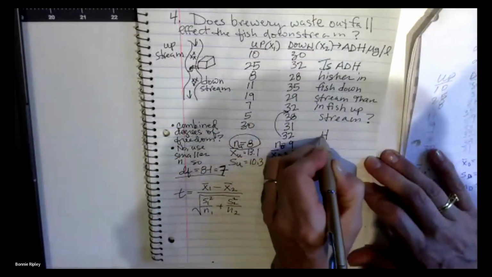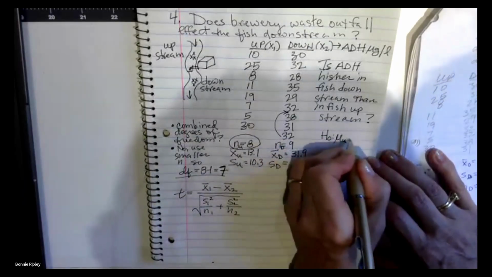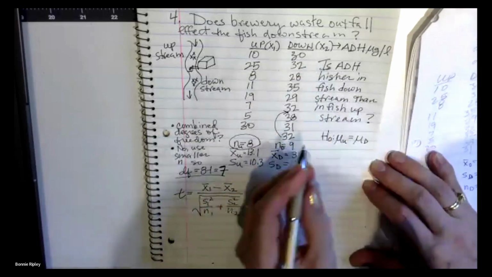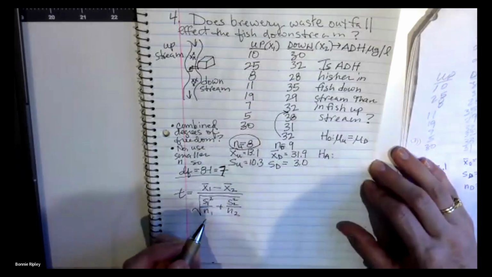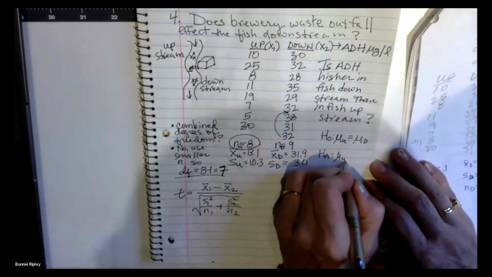So let's write some hypotheses. Mu up is equal to mu down. And for our alternate hypothesis, we need to know if we're going to do a one-tailed or a two-tailed test.